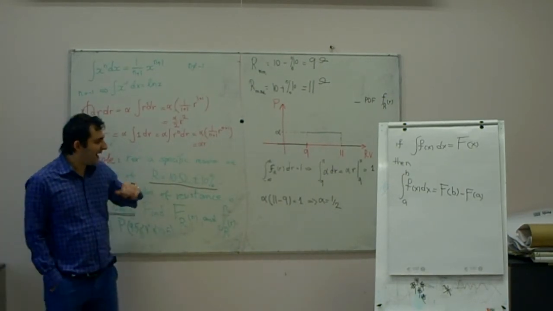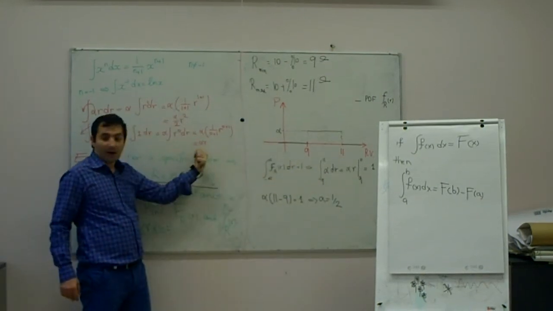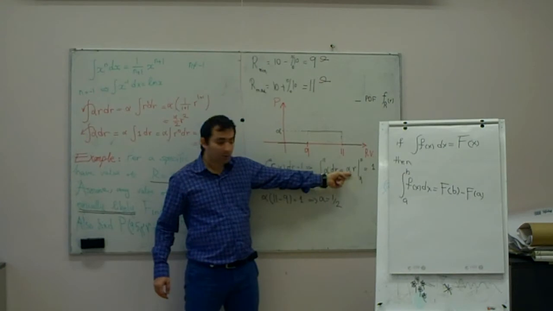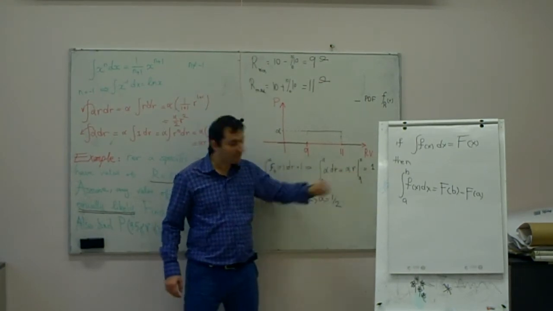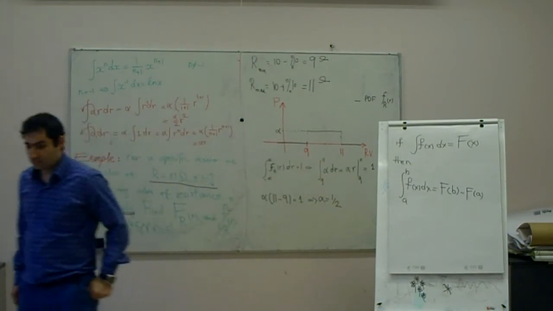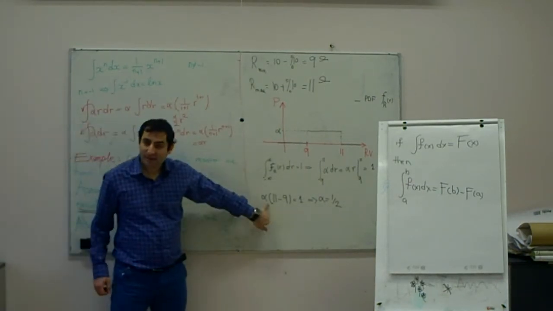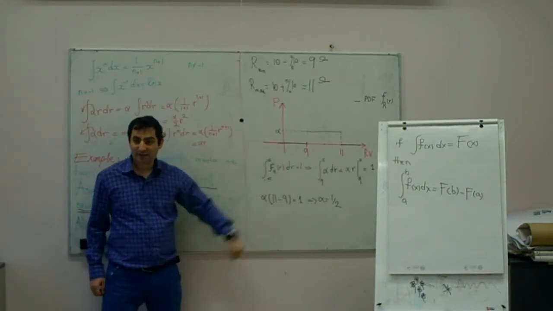So this means that the integral of alpha dr is alpha r. So from 9 to 11, I have to put 11 instead of r and subtract the value with r as 9. That is how I came up with this: alpha multiplied by 11 minus 9.